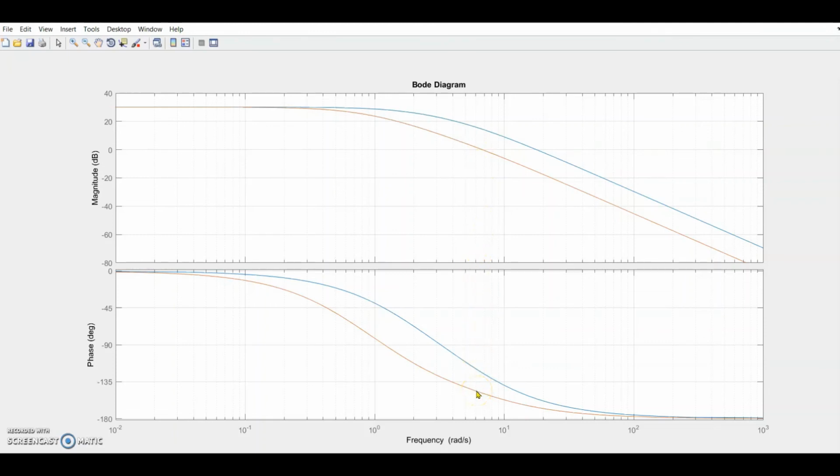So in this way the phase margin of the system can be improved by adding a lag compensator. Although there is a drop in phase also, because of the lag compensator, that will reduce the phase margin, the net result is an overall increase in the phase margin of the system.